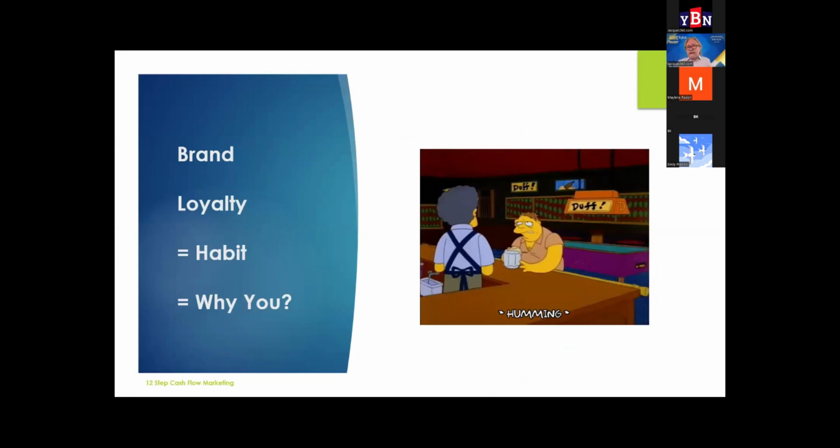What is brand loyalty? Brand loyalty is just a habit. It's like Omer going to the bar. Why does Omer go to that bar all the time? Why are people doing business with you and not your competitor? Why are they doing business with your competitor and not with you? Is it because there's happy hour?